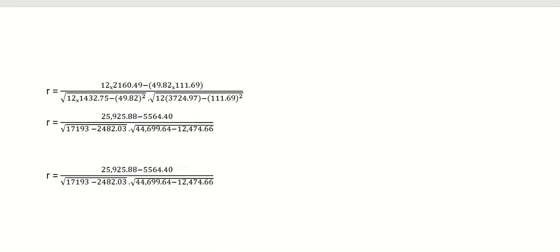So once you solve it, the value after subtracting is 20,361.48, and here, after subtracting, it is 14,710.97, into under root, this is 32,224.98.